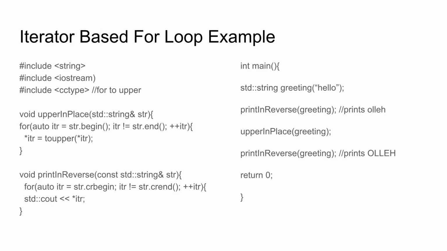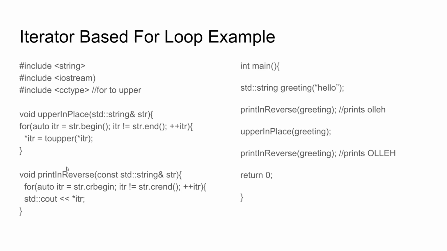Notice also this function accepts a string reference. That's super important because I want to change the original string that was passed in. Right? If I had left off that ampersand, what would I end up getting? A copy, and I would end up changing the copy, and so the original would end up not being modified at all, and I would be pretty sad at the end of the day and maybe a little bit confused.